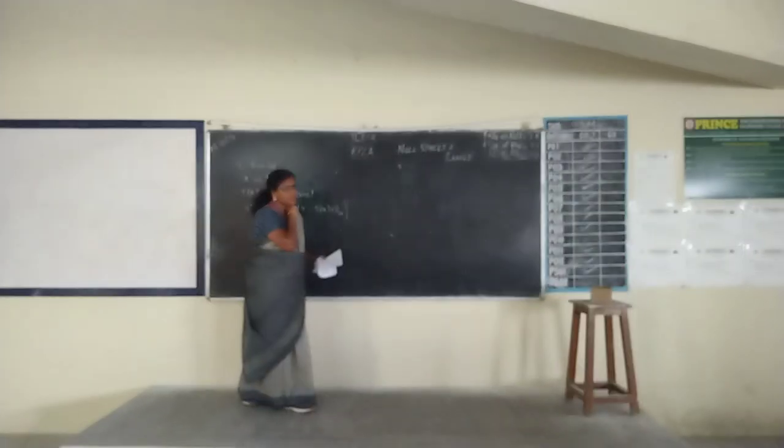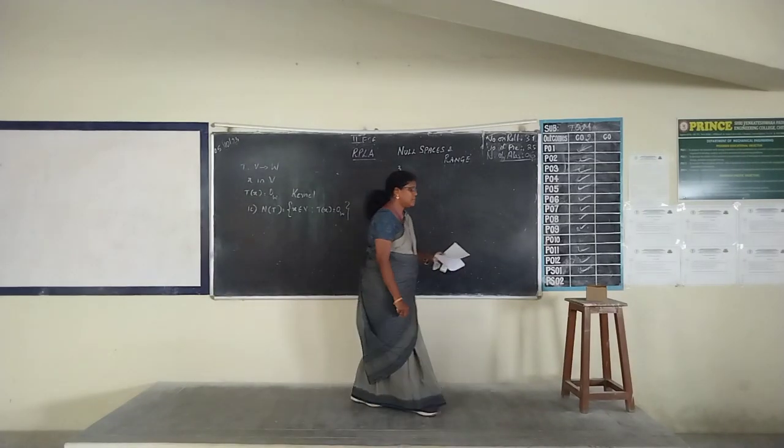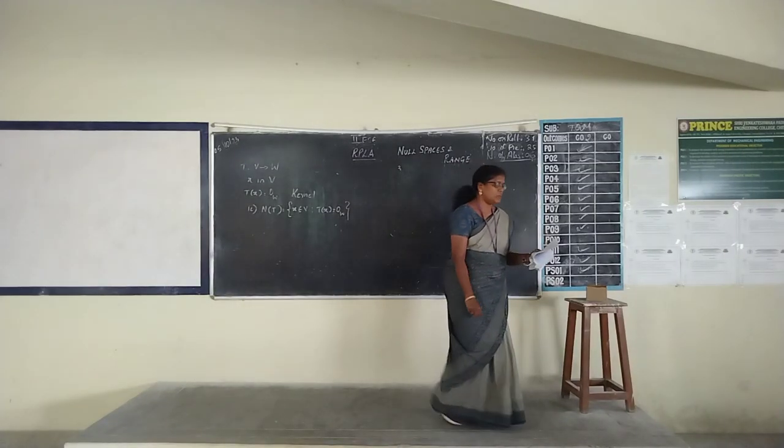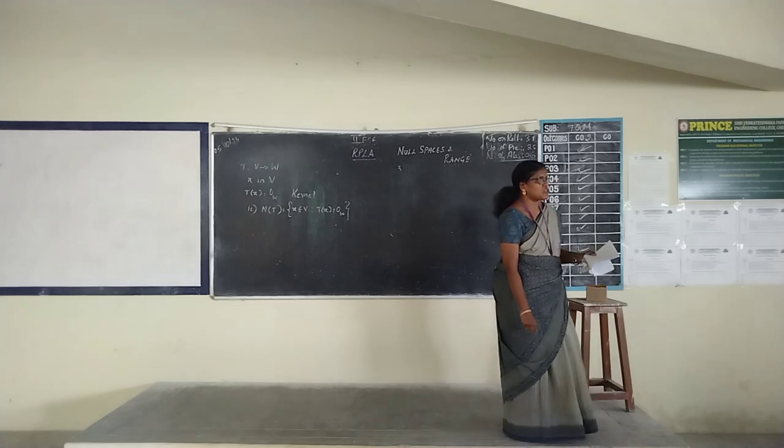Next definition. Let V and W be vector spaces and let T from V to W be a linear transformation.